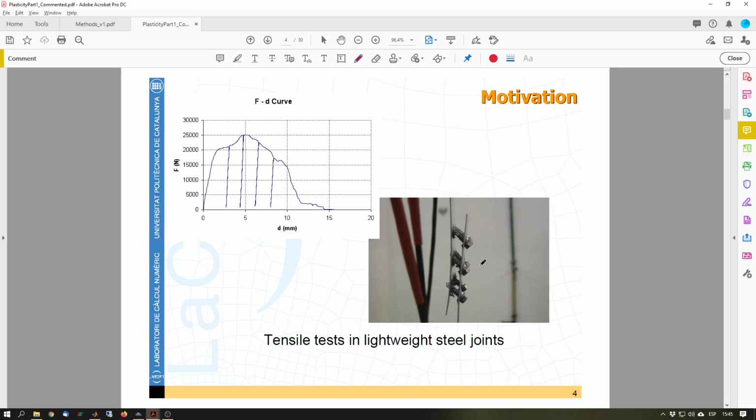Okay, we see another simple case. So we give a detailed test like that. We have some screws that are here attaching different pieces.